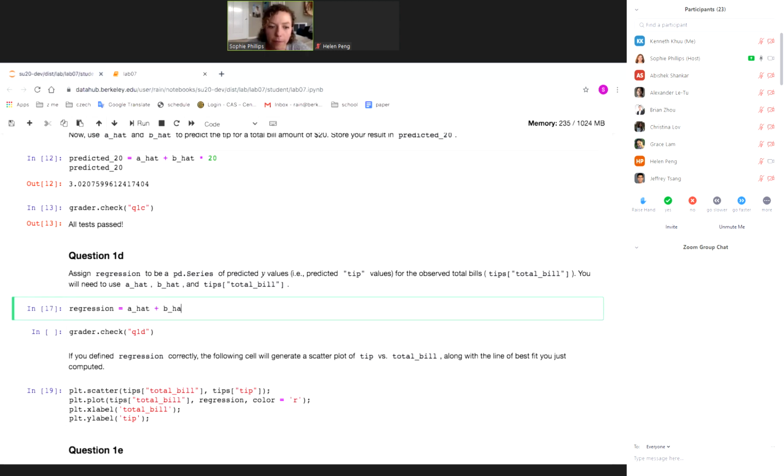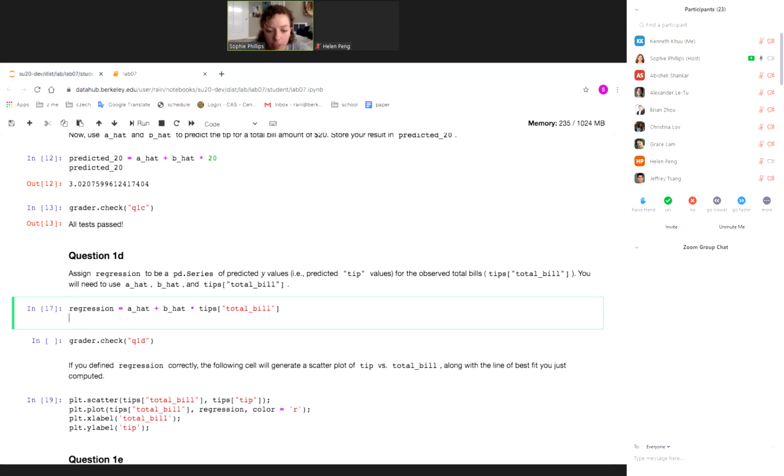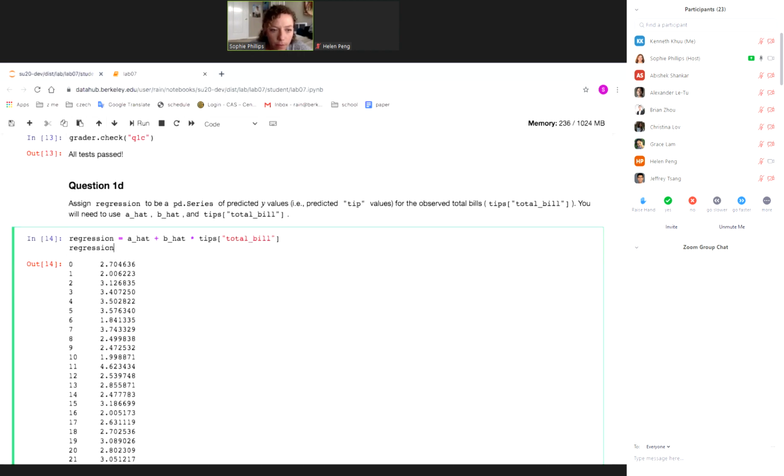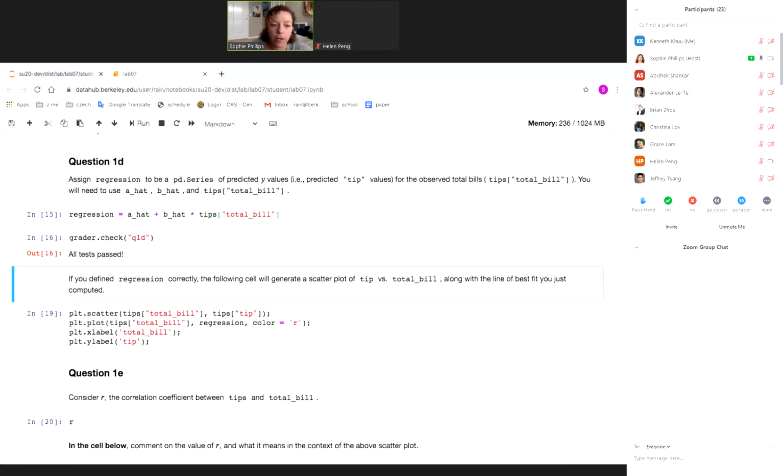So we substitute in the column total bill, and regression should return an array of values with this operation applied to all of them. And it does. Great. Make sure that was correct.